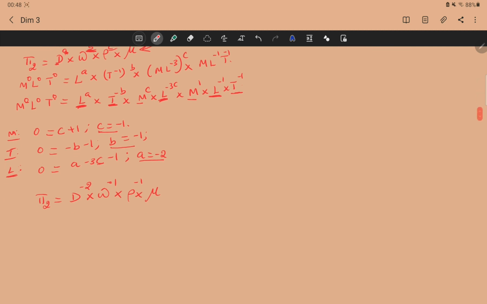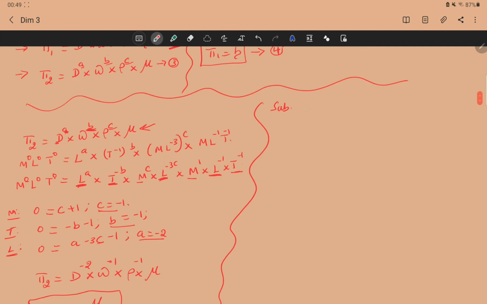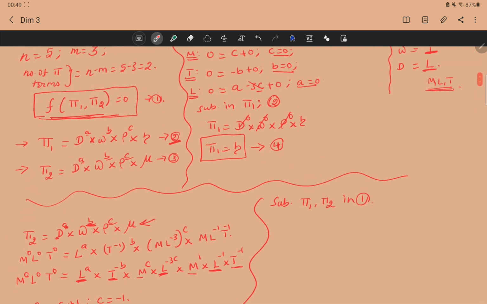So this one, my dear people, we can write it as mu divided by d power minus 2. When it goes below, it becomes omega and rho, d square omega rho. This is what it becomes. Pi 2. So now we have found both pi 1 and pi 2. Pi 1 comma pi 2 in equation 1, because that is what we want.